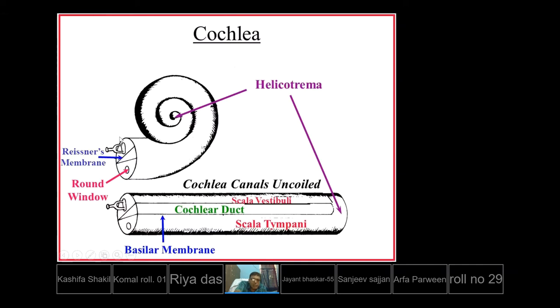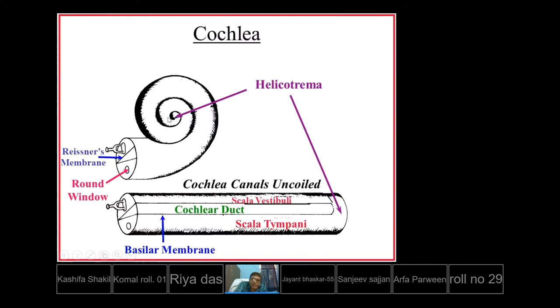The lower chamber is scala tympani. Here is the round window, here is the oval window, and the middle part, which is very clear, is scala media. So this type of arrangement is seen all around inside the bony cochlea.